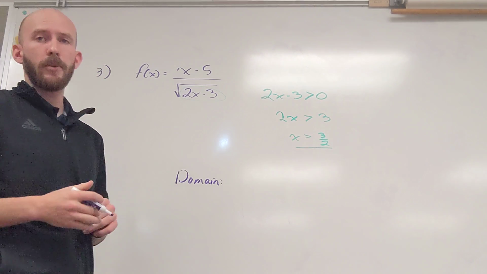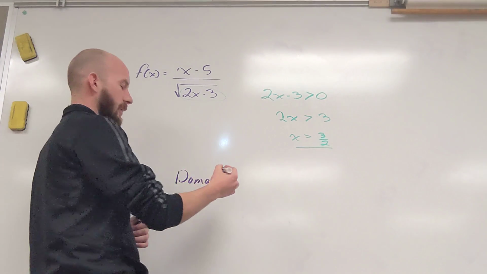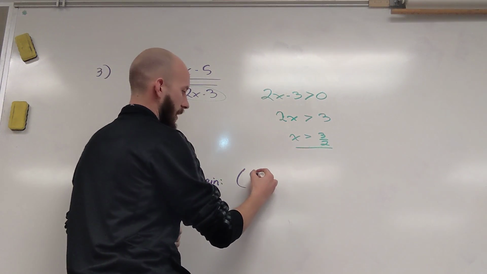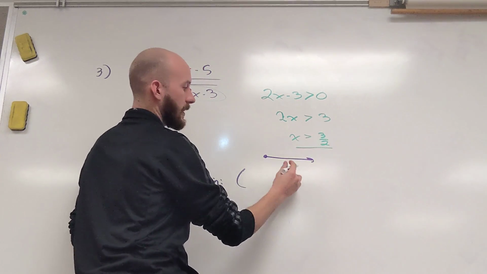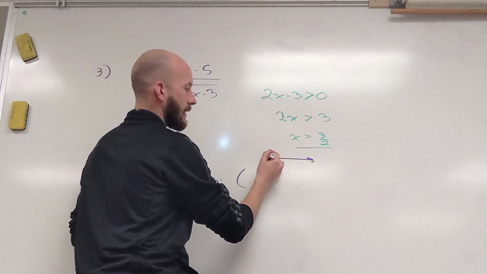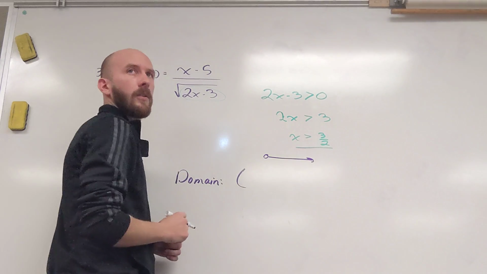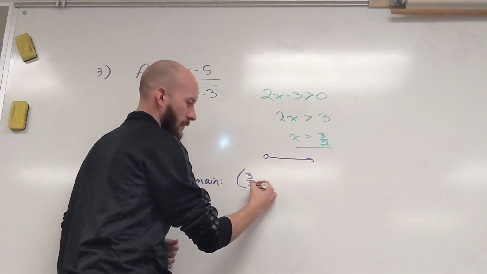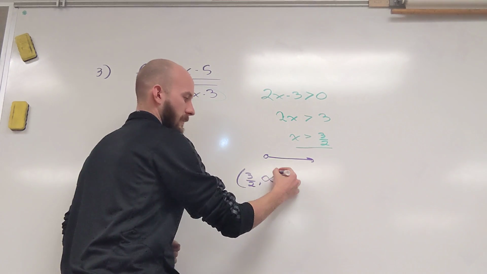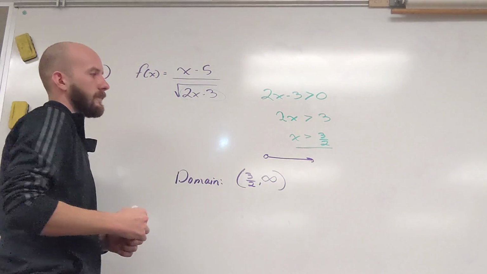You could use set builder notation. Interval notation is probably going to be your best bet. So my range is from 3 over 2 to infinity, but I can't include 3 over 2. Okay, so it has to be a parenthesis on both.